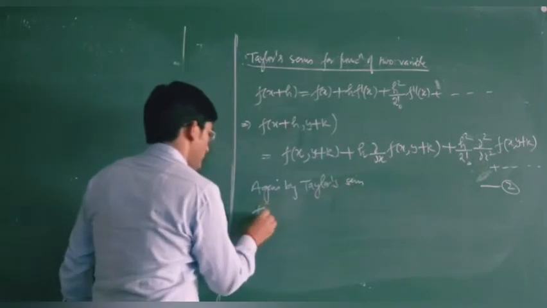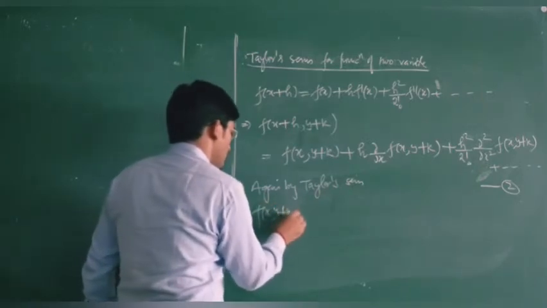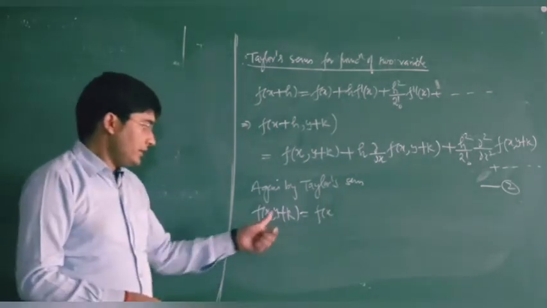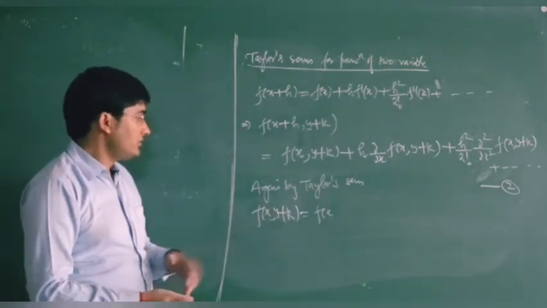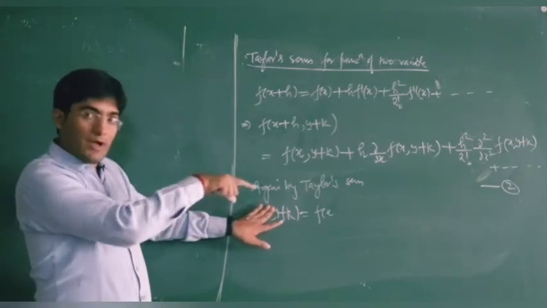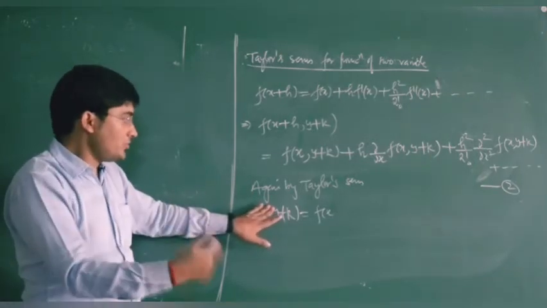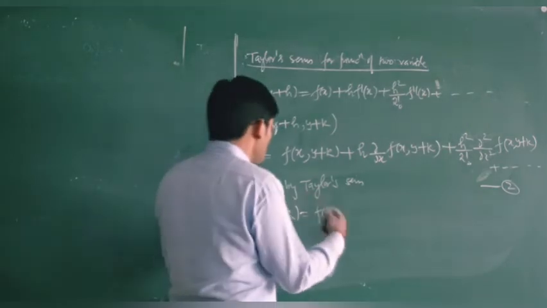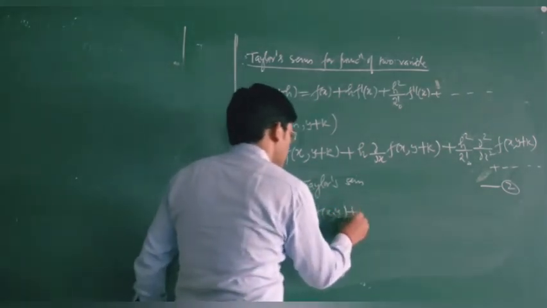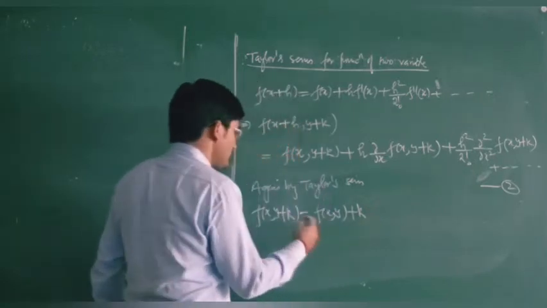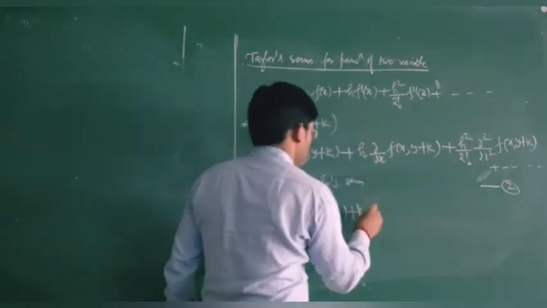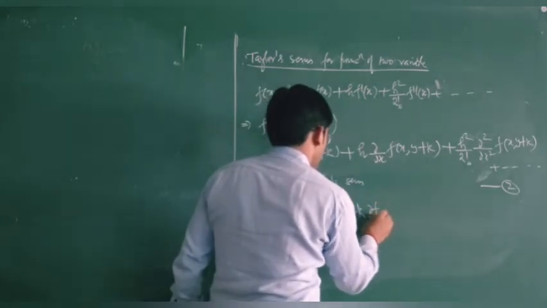your f of x comma y plus k is equal to f of x. Here you can see that I am expanding this. Let us take x as constant and expand f of y plus k in powers of k. So we will get f(x, y), then k, then the next one will be del f by del y.